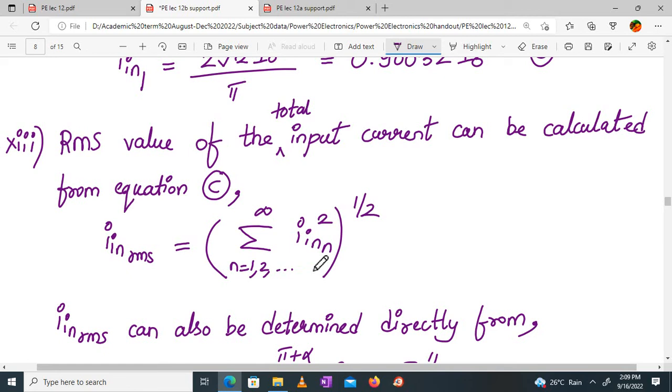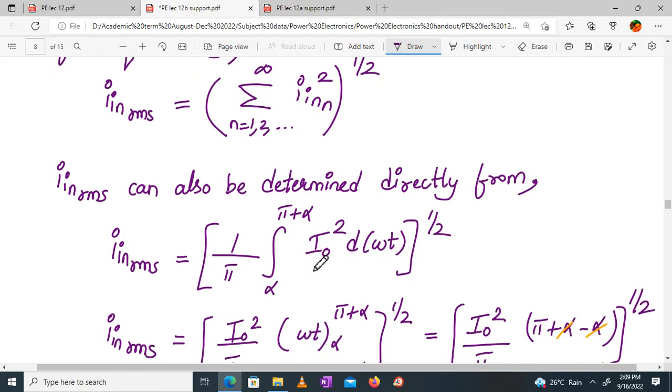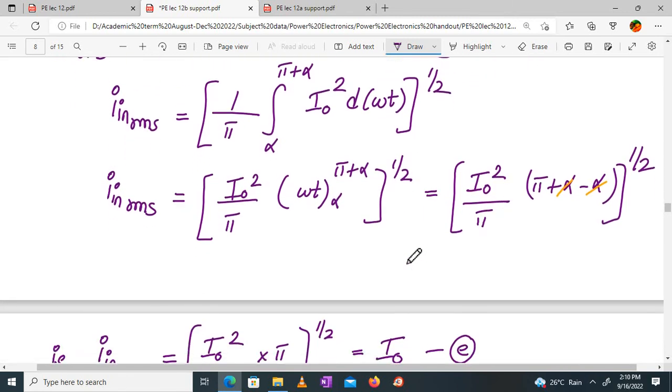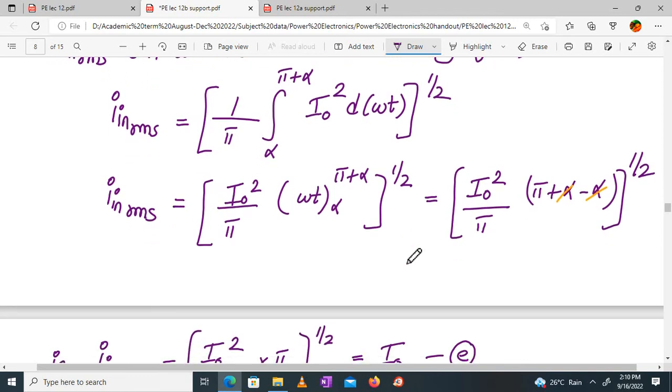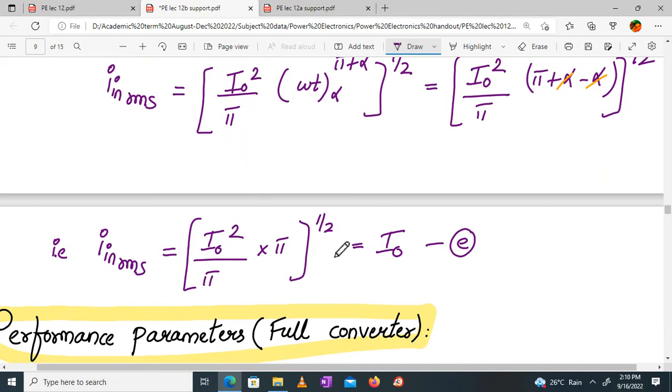Ideally, I mean alternatively, I n RMS can also be calculated directly from this formula. 1 upon pi integral from alpha to pi plus alpha I naught square d omega t raised to half. So this if you apply, and this derivation is not there, this if you work out carefully mathematically, that I n RMS will be equal to I naught. तो ये लिखो, I n RMS is equal to I naught.